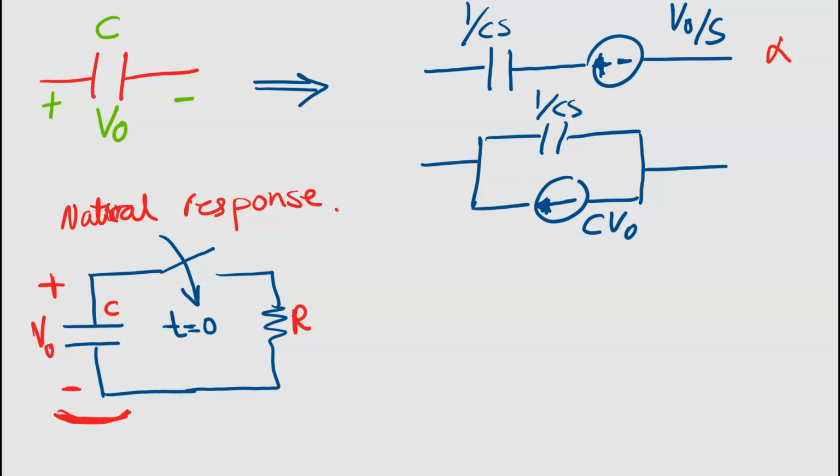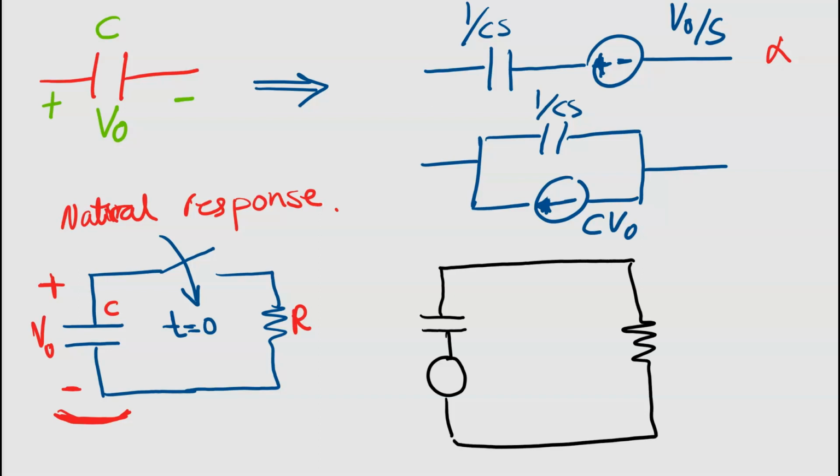Let's use black for the solution. So I have a voltage source, which is supposed to show me the effect of the initial voltage. And then after 0, the circuit is connected to this resistor.